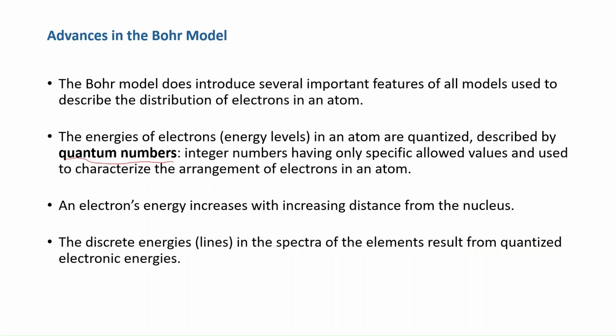Electrons can be only located in a certain position, a certain place, and they cannot be in between different energy levels. He also said that the energy increases with increasing distance from the nucleus, and he explained, like I said, the spectra, the lines of the spectra, as the result of quantized electronic energies.